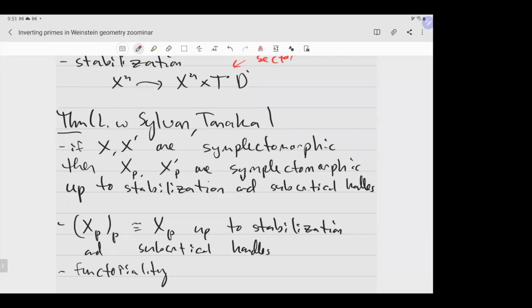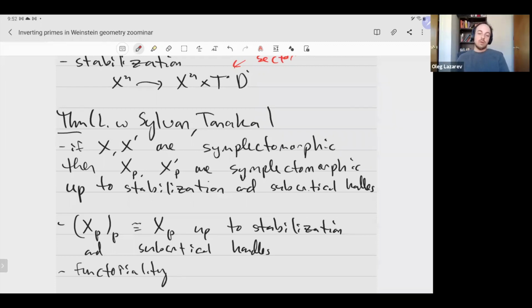Well, just a comment, I guess this kind of shows that in this Weinstein category, equivalence should not be up to Weinstein diffeomorphism or symplectomorphism, but up to these things. Like, it seems more natural, right? Up to stabilization and attaching subcritical. Yeah, we're loosening up the geometry.